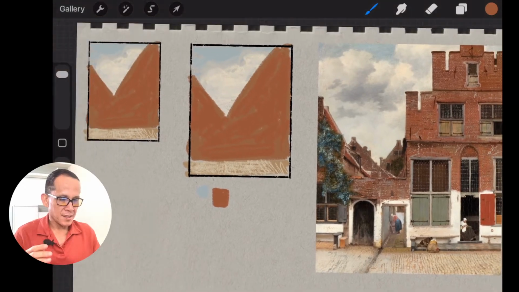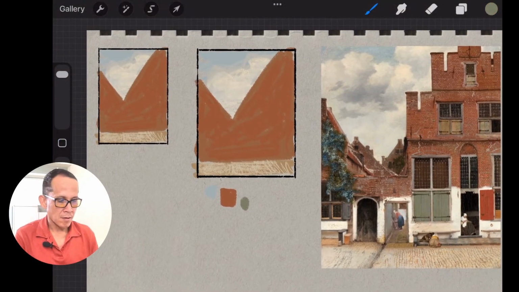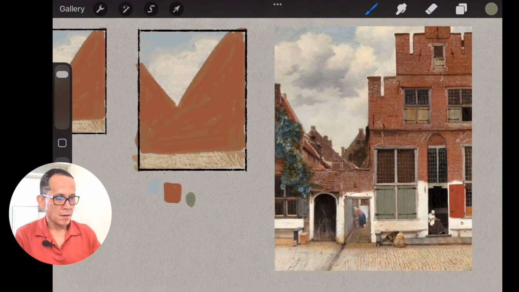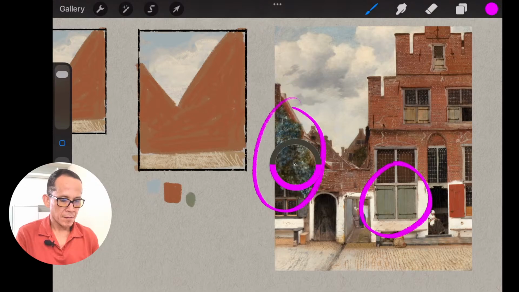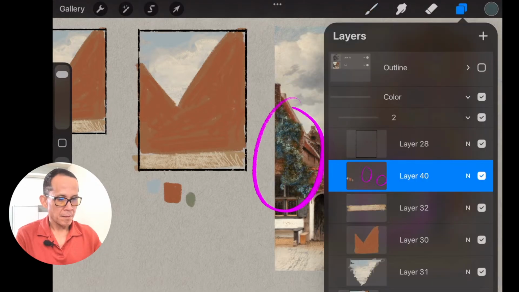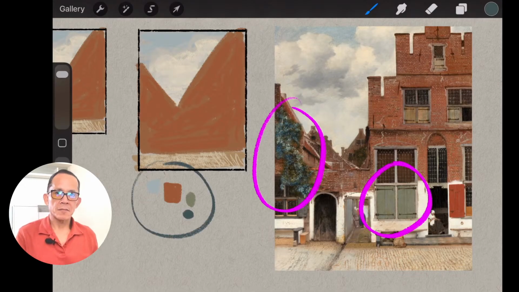Clearly we treat the window thing here. Tree, right, green, touches of green. So there's his palette so far right there.